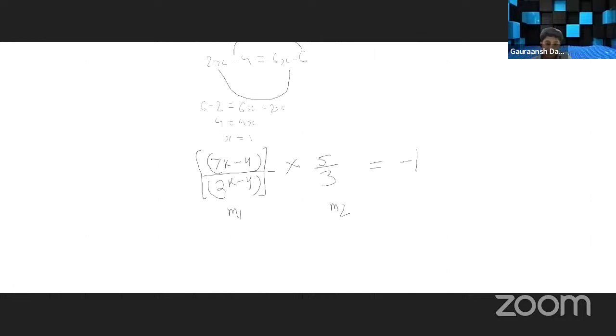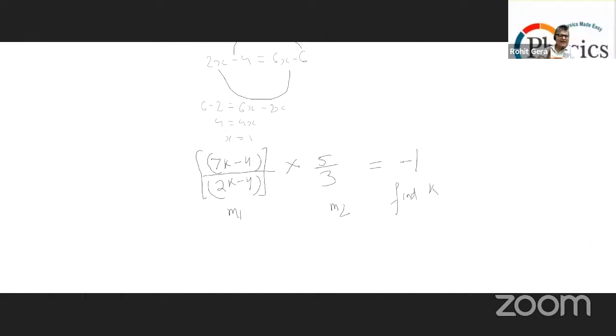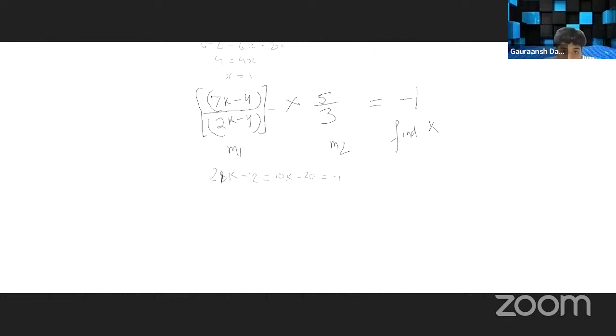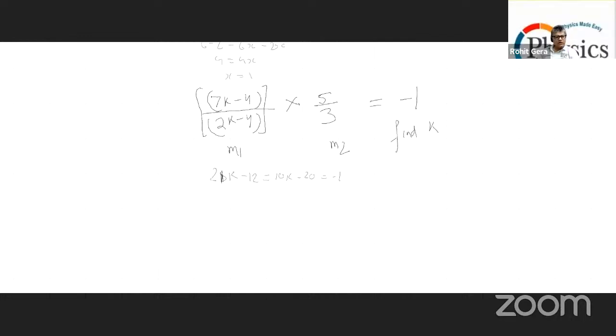So I made it a real question that the lines are perpendicular. So 21k minus 12 equals 10k minus 20 equals -1. So 21k, you will switch. Hold on, wait.